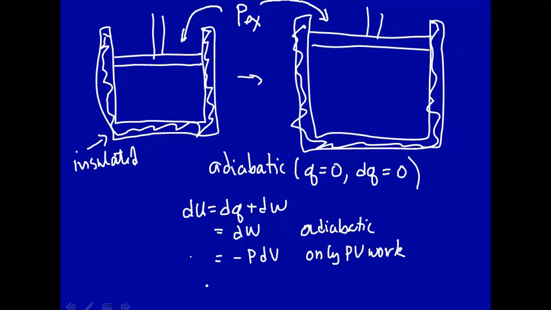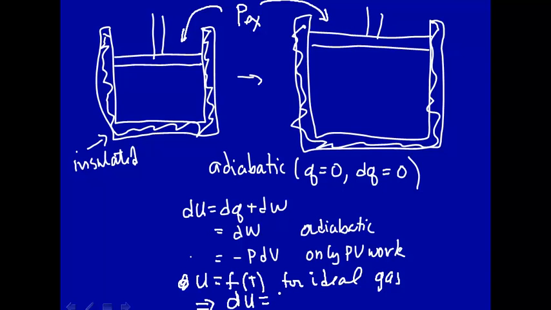Actually, let's just see that. Remember in the last lecture that we said U was a function of temperature only for an ideal gas. So let's make that assumption. This implies that if we look at the differential change in U, dU, that is equal to CV dT.